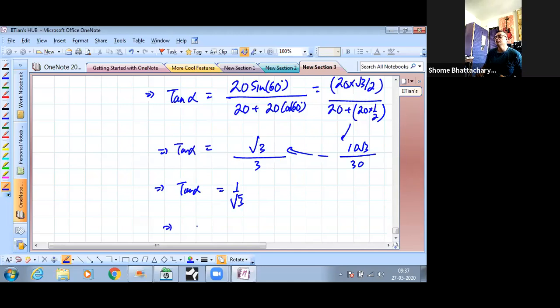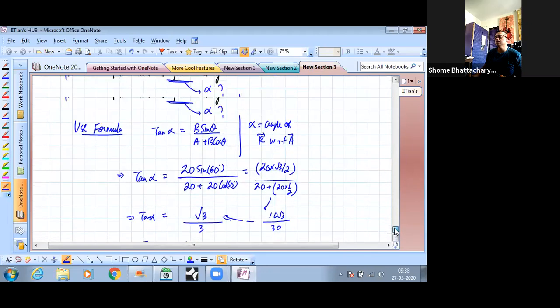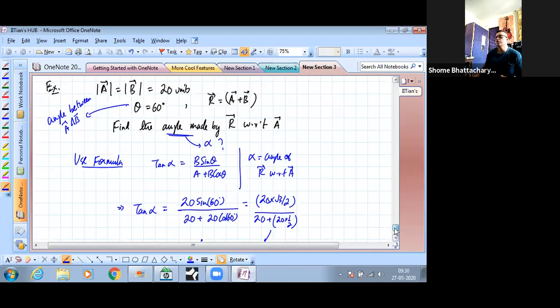So that we know is a standard case. Alpha is 30 degrees. Okay, so this kind of thing is again very straightforward. It is just direct application of formula.